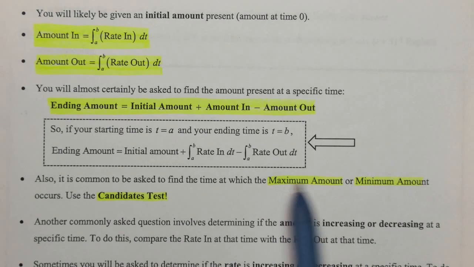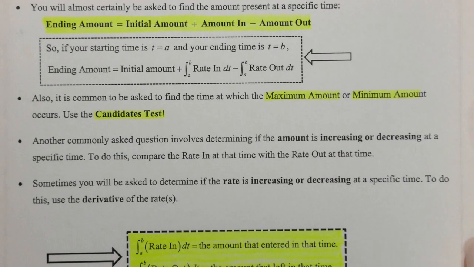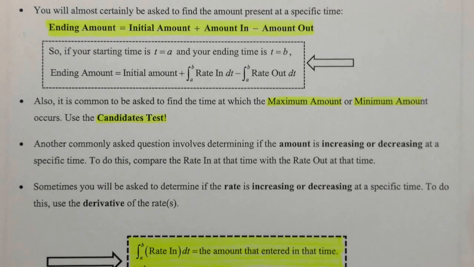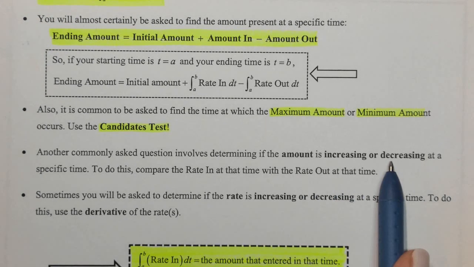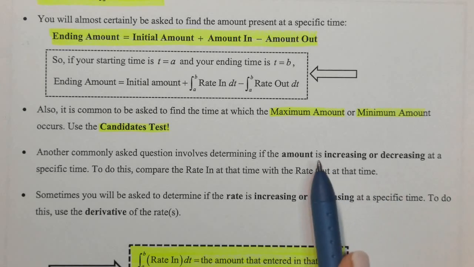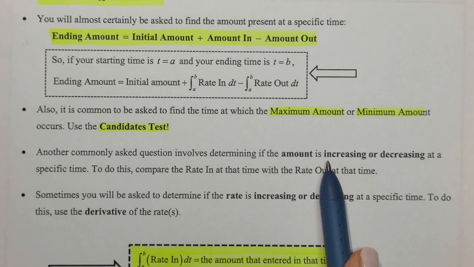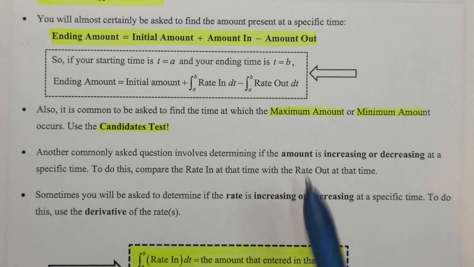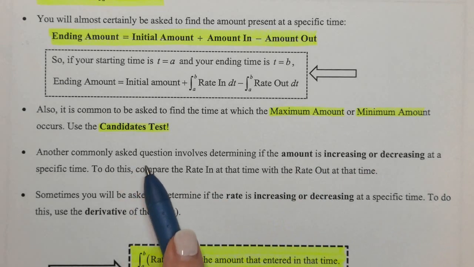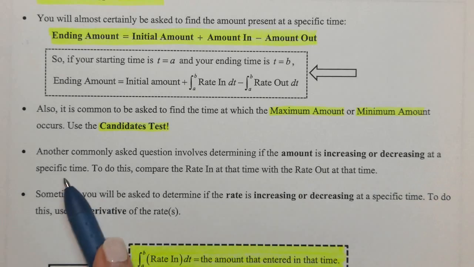So maximum, minimum, candidates test. Another commonly asked question involves the rate that the amount is increasing or decreasing at. You're going to use both the rate in and the rate out for that. You might be asked if the amount is increasing or decreasing at a specific time.